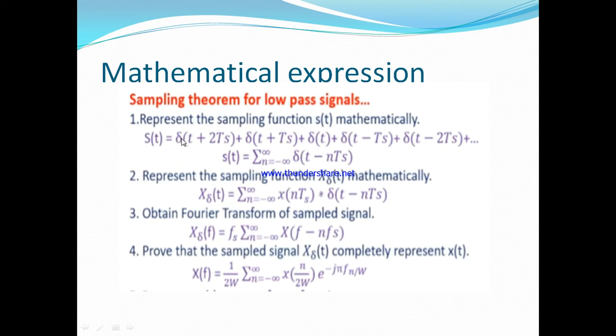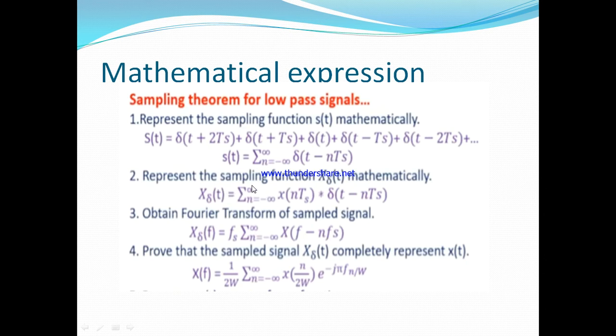S of t equal to delta of t plus 2Ts plus delta of t plus Ts plus delta of t minus Ts plus delta of t minus 2Ts, having negative and positive sides. So S of t can be written as sigma n equal to minus infinity to infinity delta of t minus n times Ts.